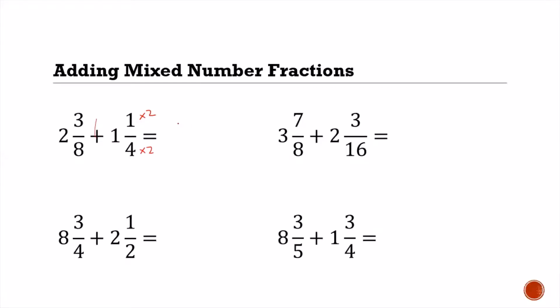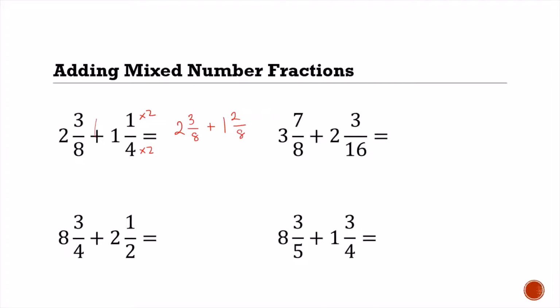So this is going to turn our equation into 2 3/8 plus 1 2/8. Now I've got 2 whole cases and part plus 1 whole case and a part. How many whole cases are there altogether?